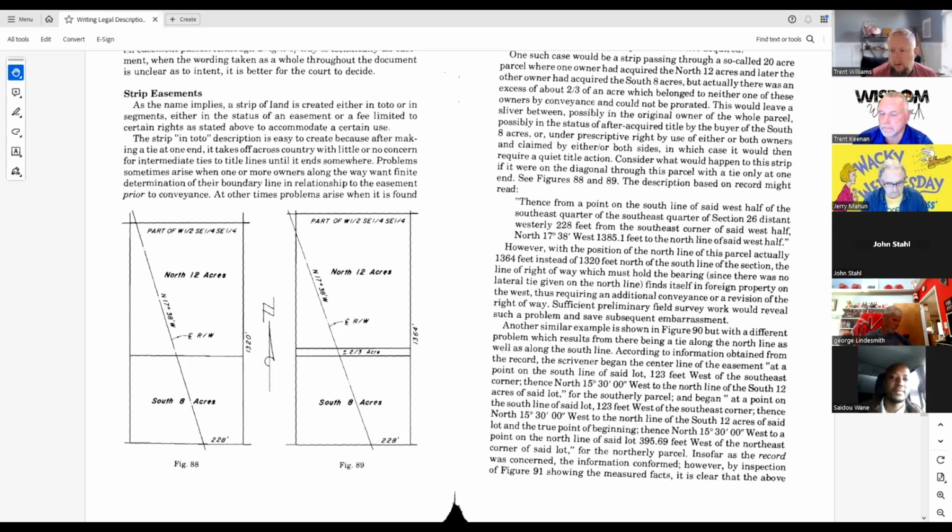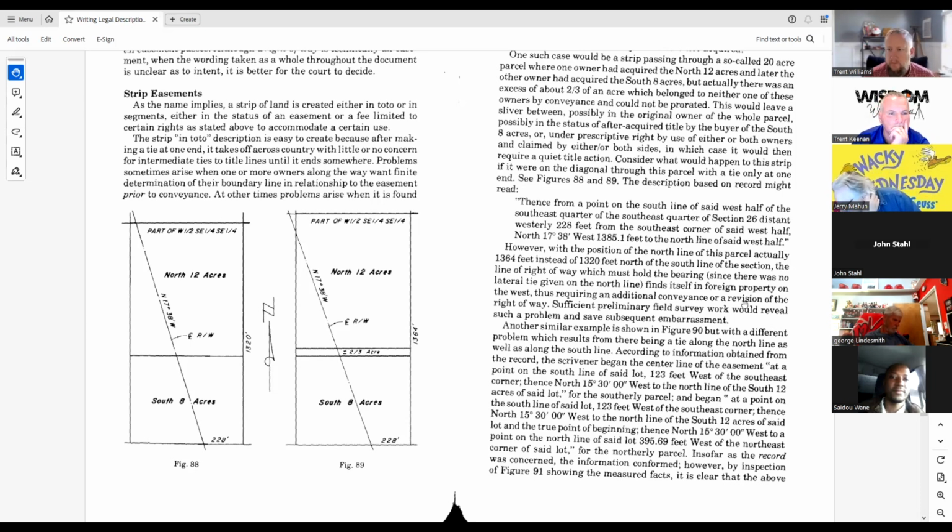Yeah, the issue I see with easements isn't necessarily the description. It's the explanation surrounding it about what the rights are that are being conveyed. And we've kind of talked about that already. What the obligations and responsibilities of the landowners of the parcels are.